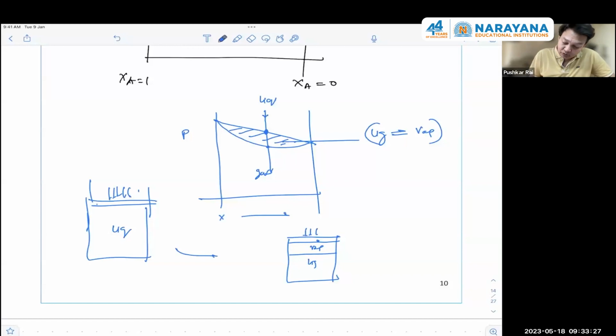There is a very interesting rule that if you cut it by horizontal lines, there is a series of compositions. The first composition like this will be the liquid's composition, and that will be the vapor composition. The second stage will be like this. Then the third stage will be like this. So clearly the vapor composition is going towards this, and the liquid composition is also going towards this.